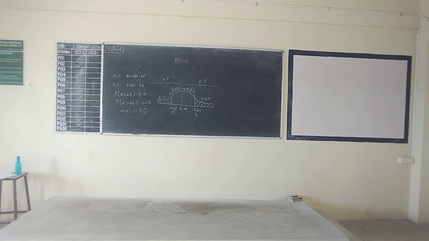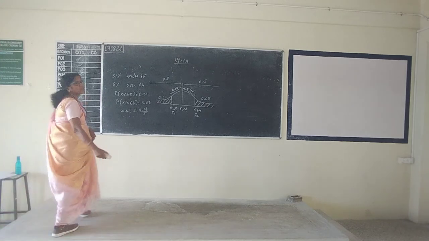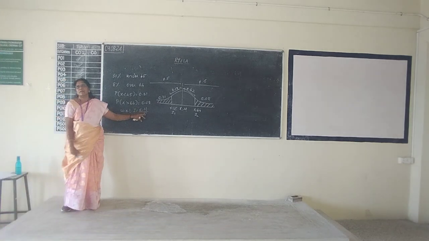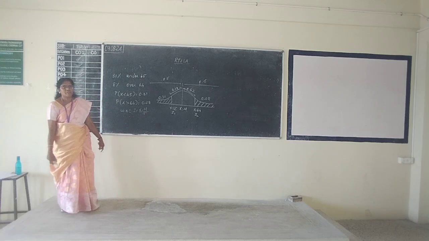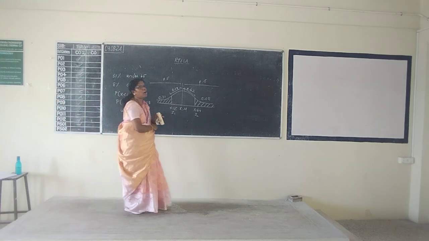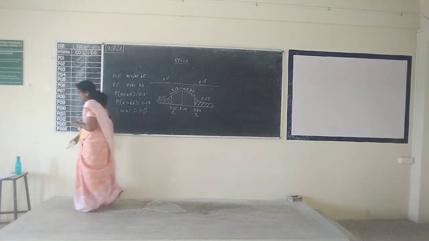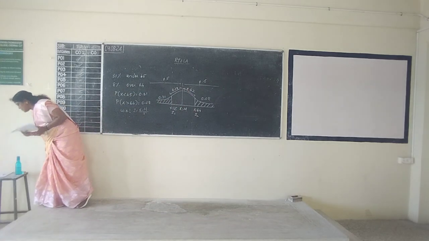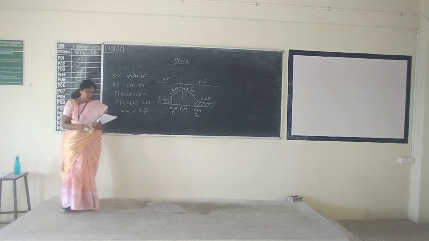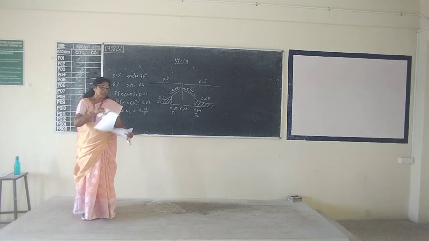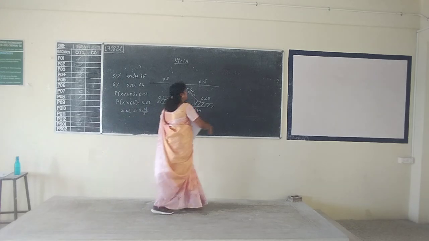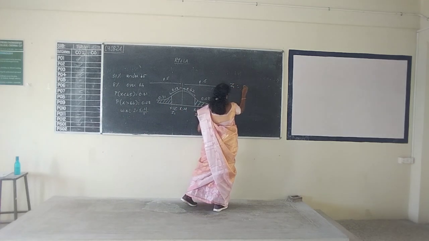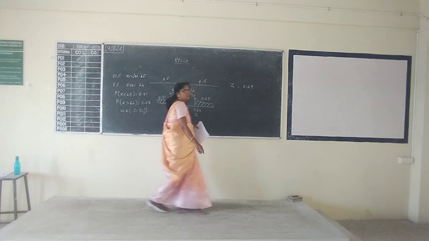Have you understood? Any doubt, ma'am? Continue writing. From normal table, z1 is equal to 0.49.